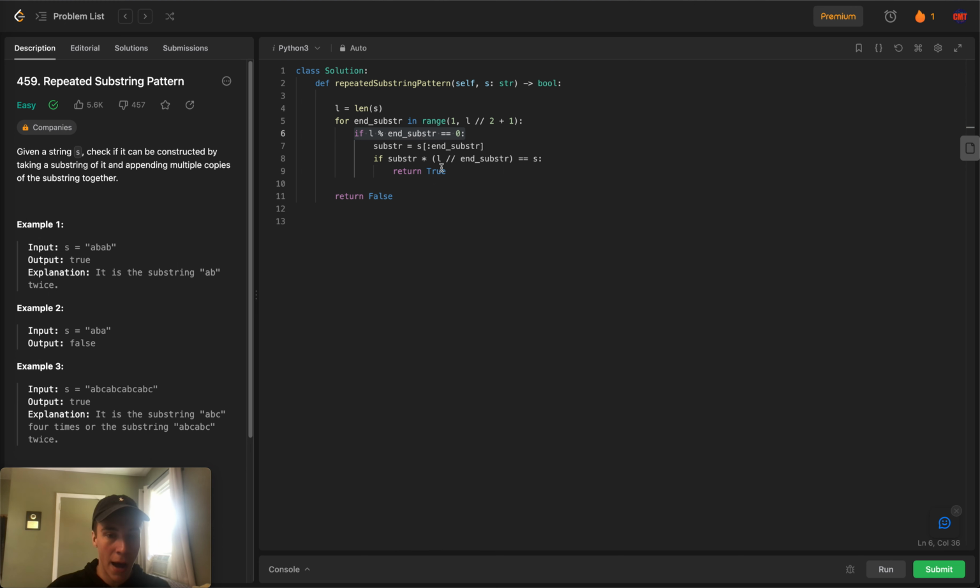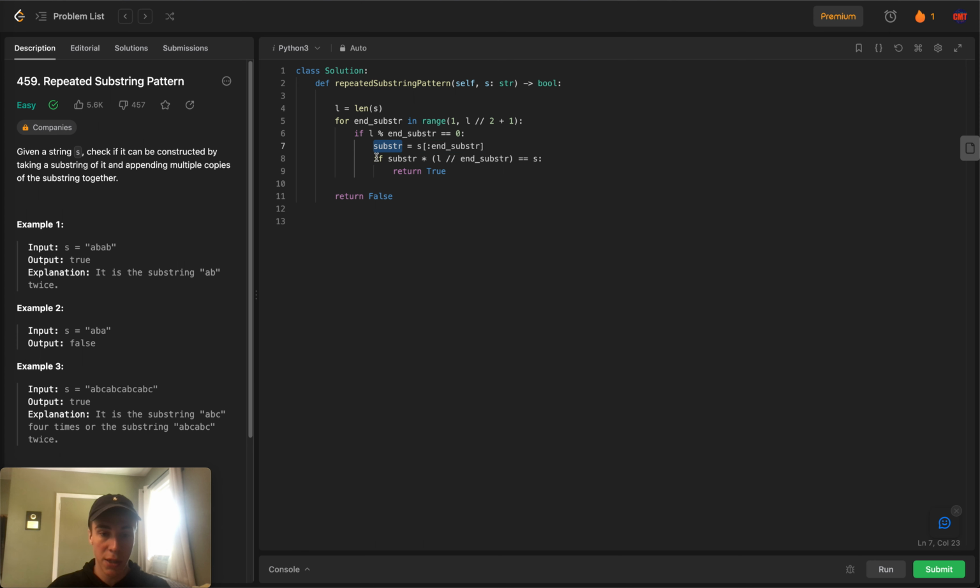And I have a condition here to initially filter out the substring lengths that won't even make up the whole string. Then, if this condition passes, it means that the substring at least divides the whole input length into even splits without any remainder.